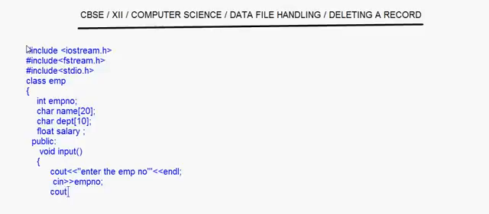Then cout enter the name, and here you have cin name, right?